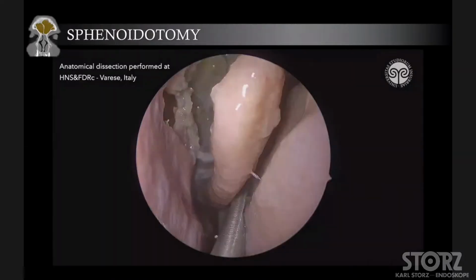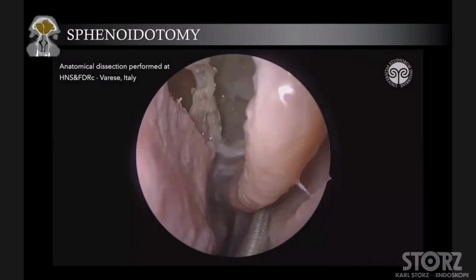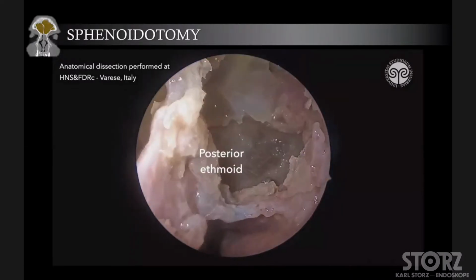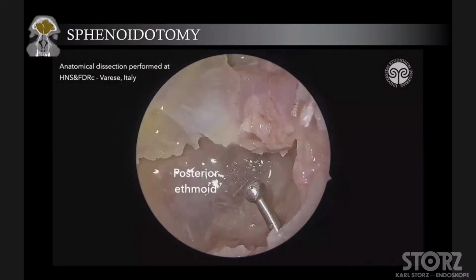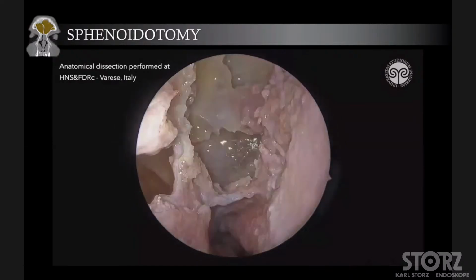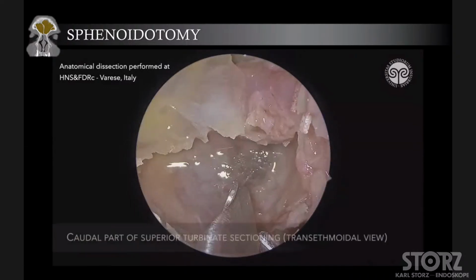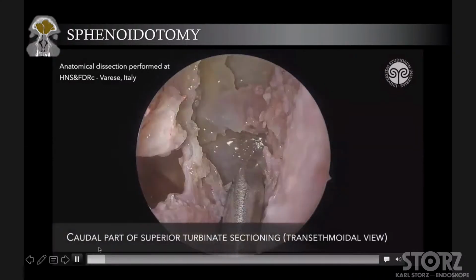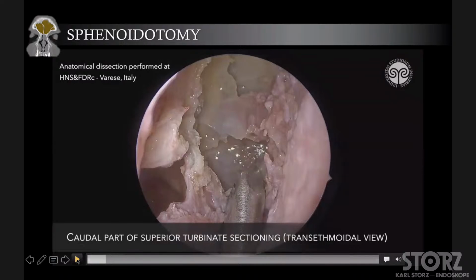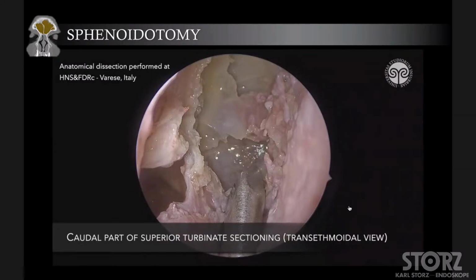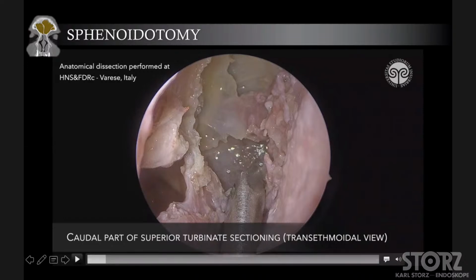Okay, it's time now to see the same anatomical steps in the cadaver lab. You see, this is the caudal part of the superior turbinate. We are on the right side after removing the ethmoid.